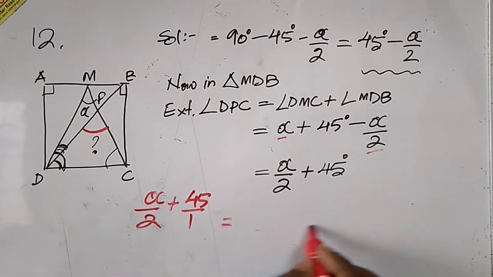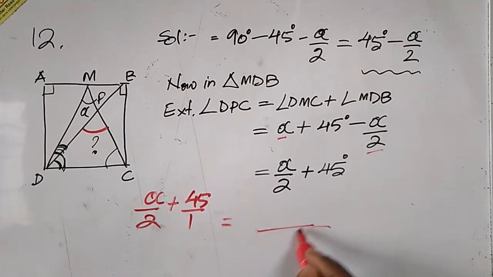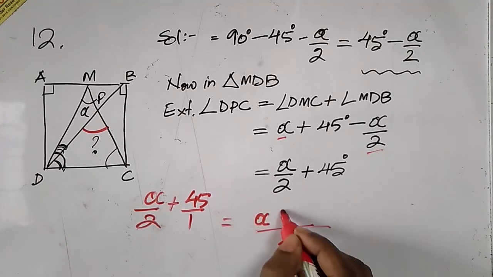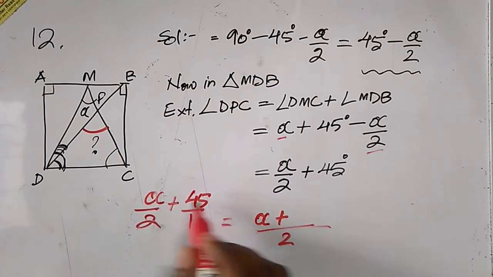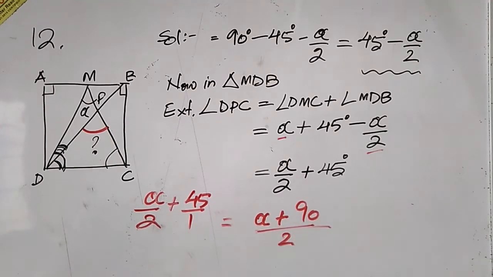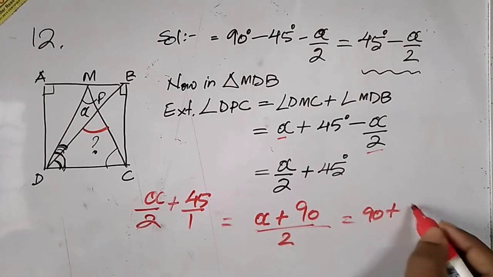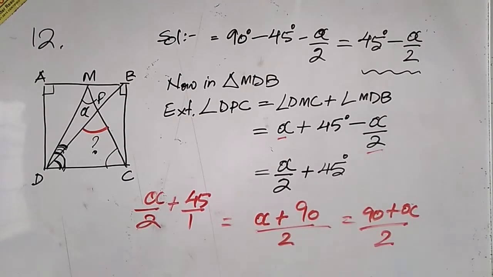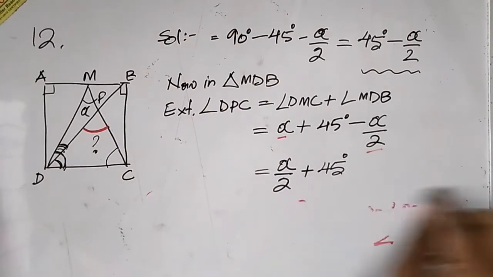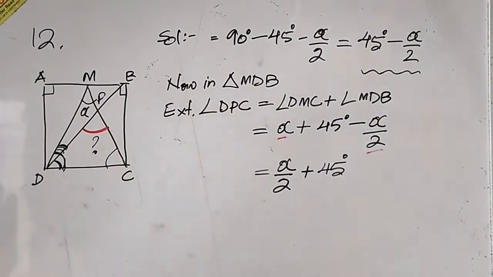The common factor here is 2. 2 into 1 is 2. 2 into alpha is alpha, plus 1 into 2 is 2. 45 into 2 is 90. Right, so we can write it as 90 plus alpha by 2. We can even write it like this. So this is the answer that we have got, 90 plus alpha by 2. Okay, so this is the answer.